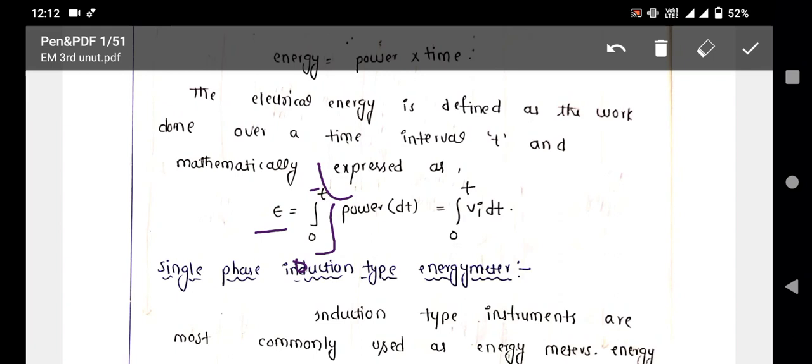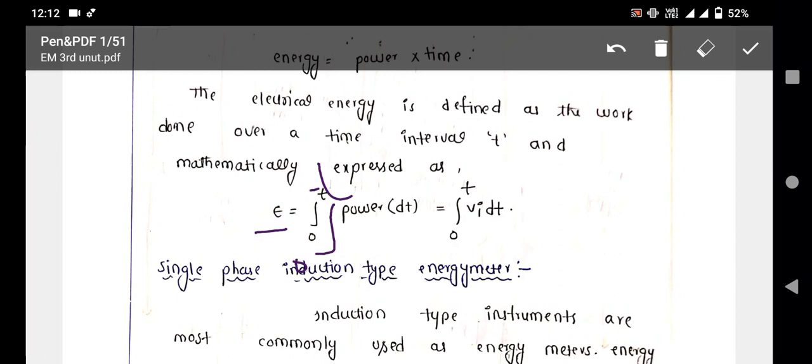How to measure the energy is by using an energy meter. The energy meter measures the electrical energy we consume directly in our houses. It is connected at the start, before the power comes to the house, so the total electricity passes through the energy meter.